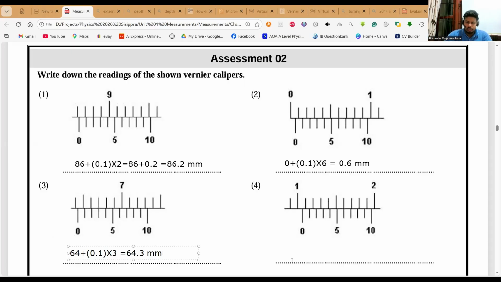If you go to the fourth one, easily you can take it, this is the 10th one, therefore 10 plus 0.1 multiplied by the sixth division coinciding, therefore that is 10.6 millimeters. Okay. We have got the answers correctly. Okay, very good.